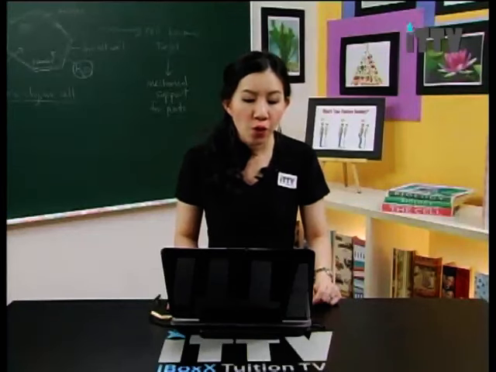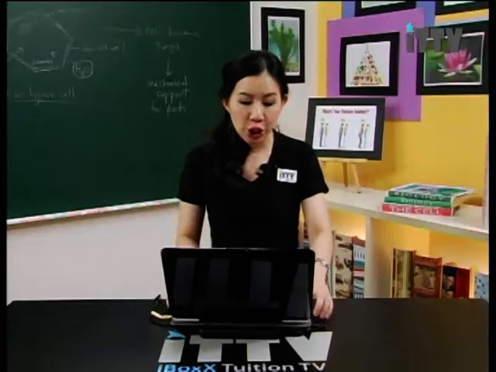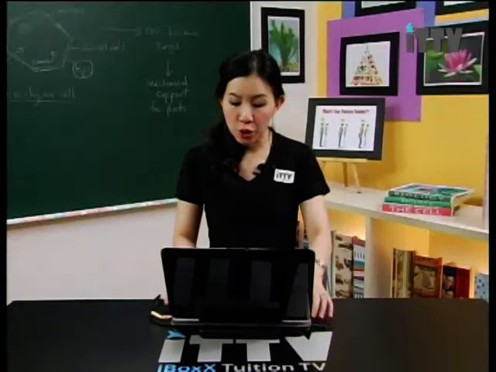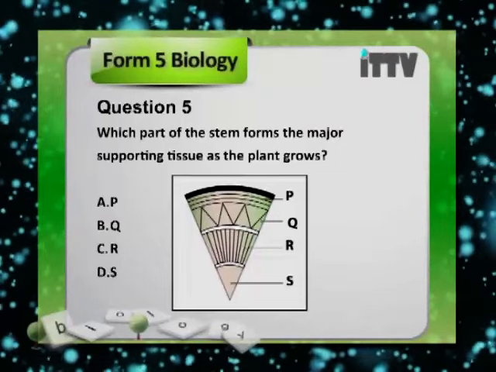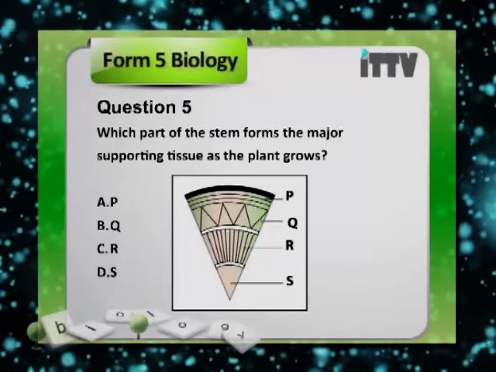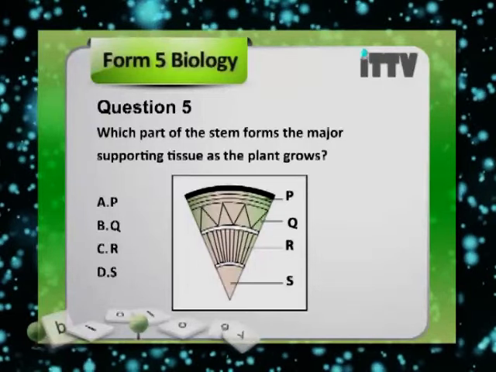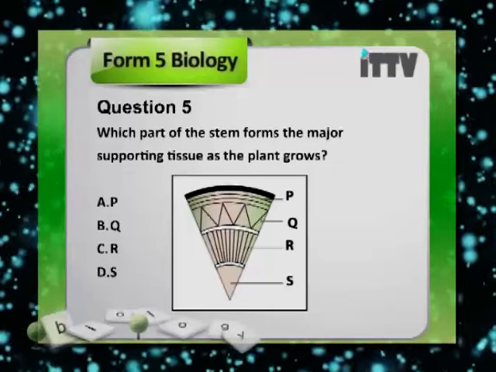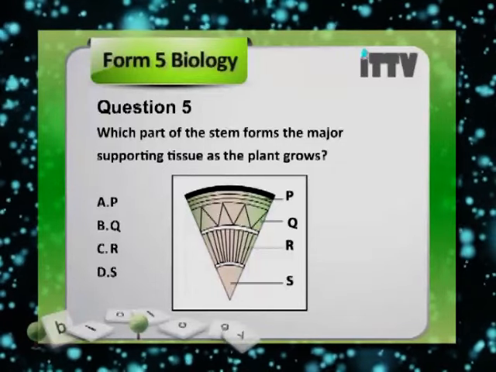Yes, from the question, the part of the stem that forms the major supporting tissue as the plant grows should actually be the xylem, right? Do you remember that we looked at xylem? Basically a woody plant uses wood, mainly secondary xylem, as a structural tissue.